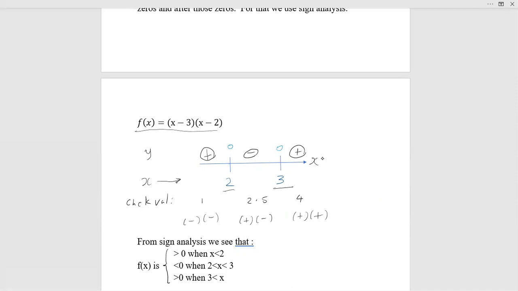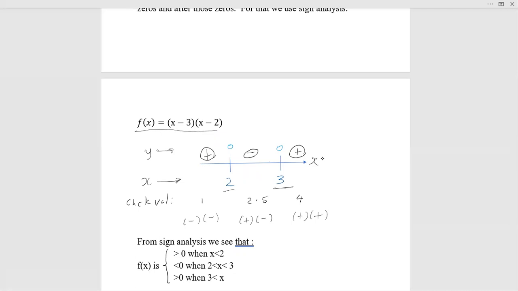Now, above the x-axis, you see these zeros, that means the y value. I put the y value here on this line: 0 at x equal to 2, and again the y value is 0 at x equal to 3.